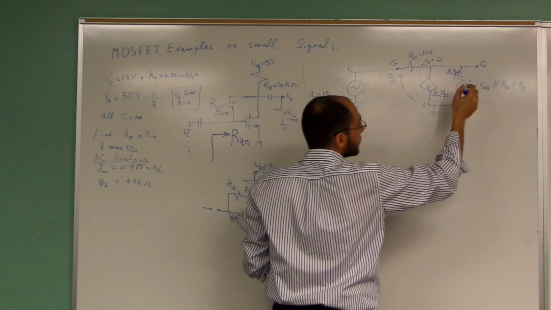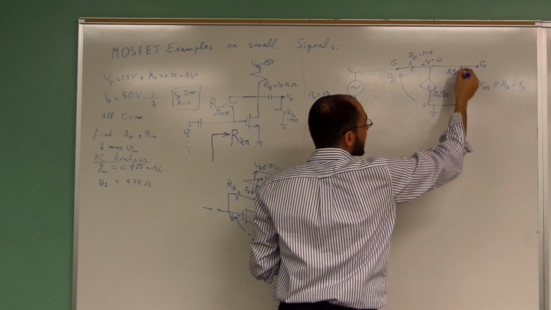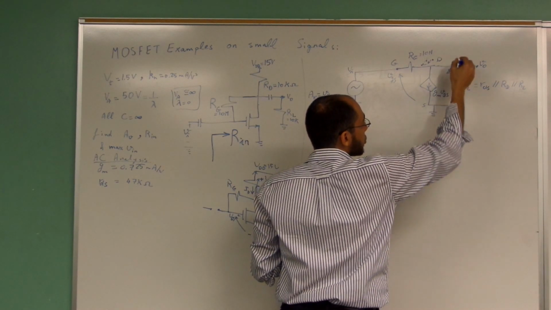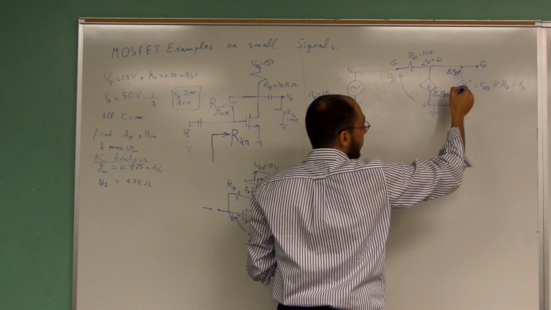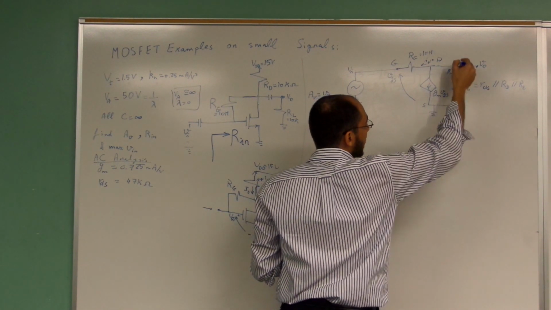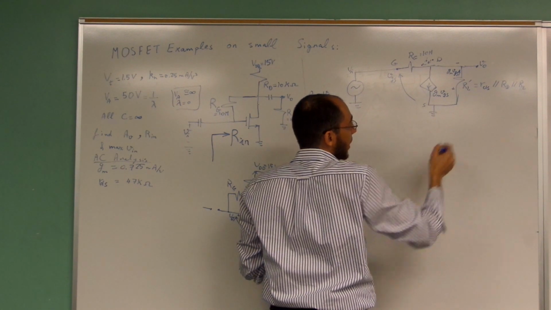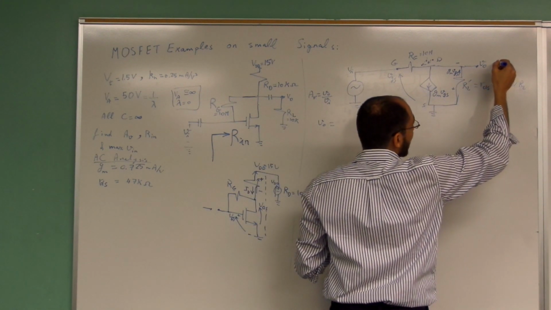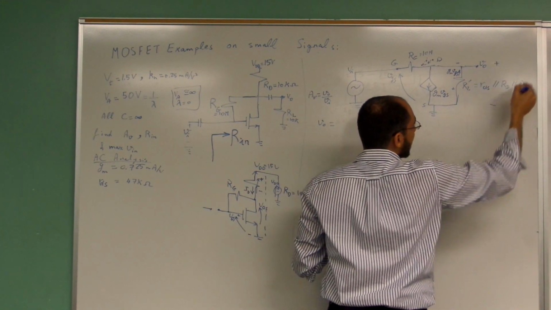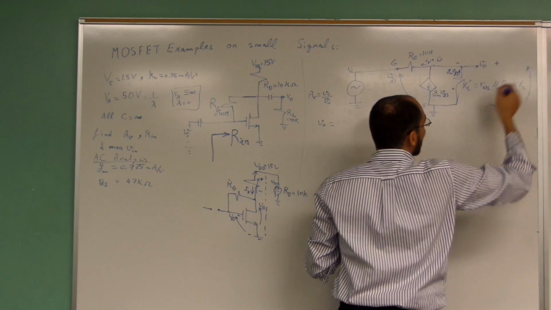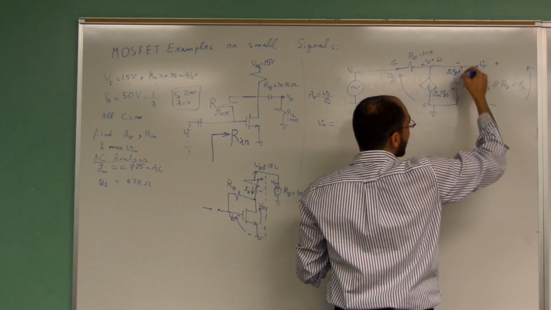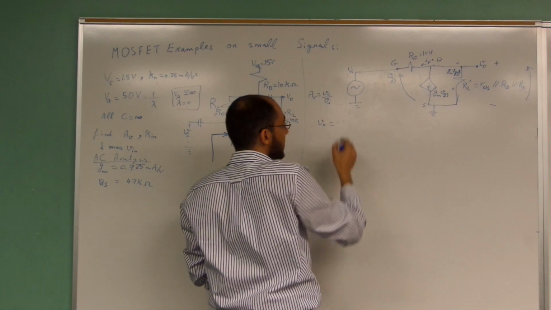So, the value of the V output equals... current is passing from the bottom to the top, from the high potential to the low potential. However, V output is from here to here, which means that it's the opposite of the voltage over this resistor.